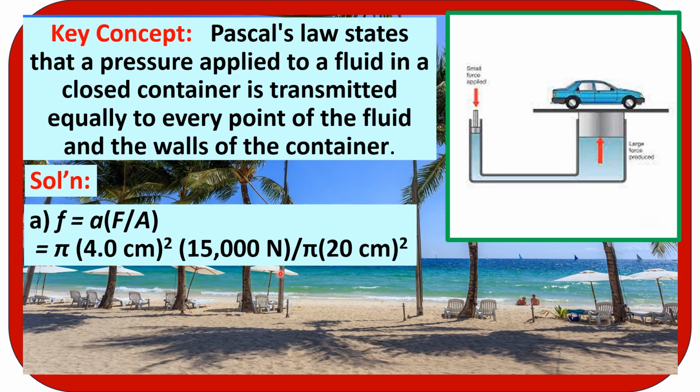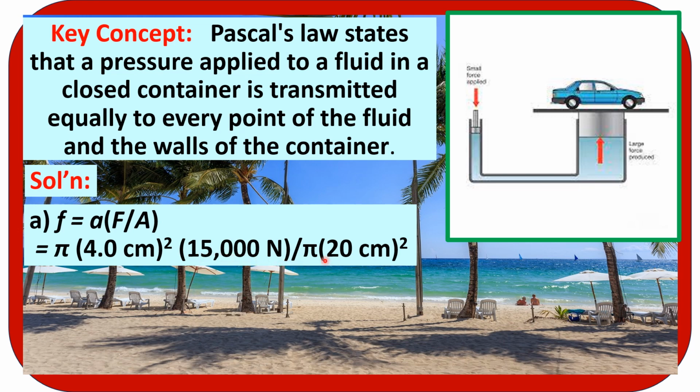All right. So substituting our data, for the area small letter a, we have pi r squared. Okay? The radius of the small piston is 4.0 centimeters. So you've got to square that, multiply it by pi, and then multiply it by the load or the force big F, 15,000 Newton.